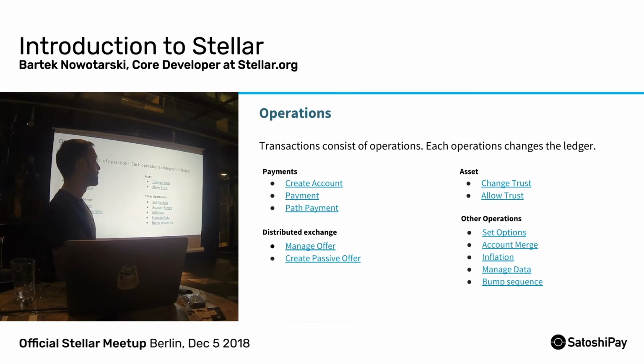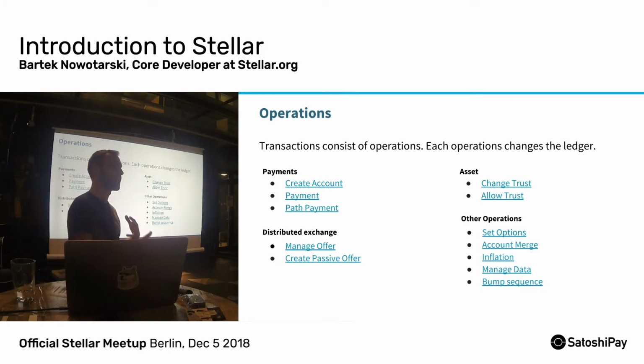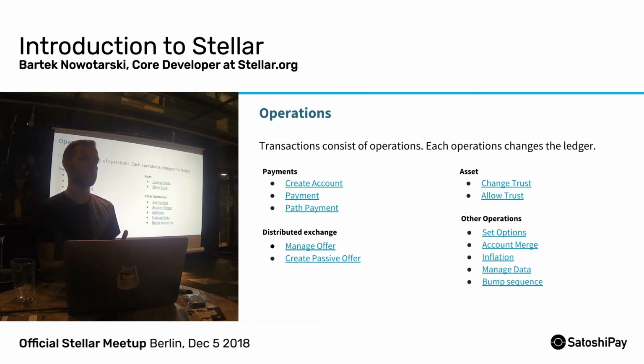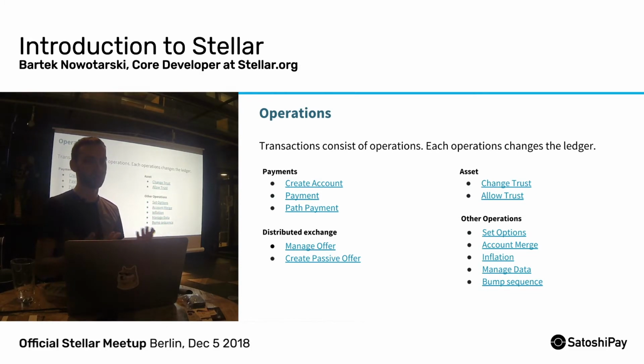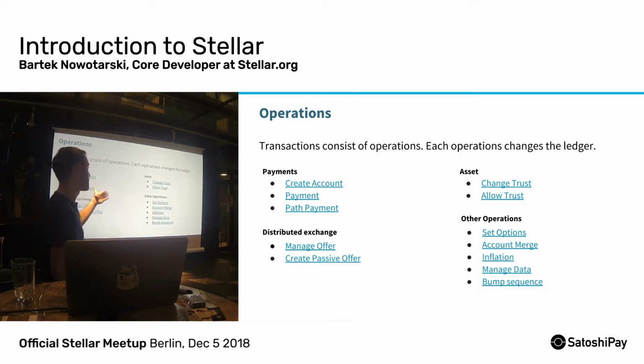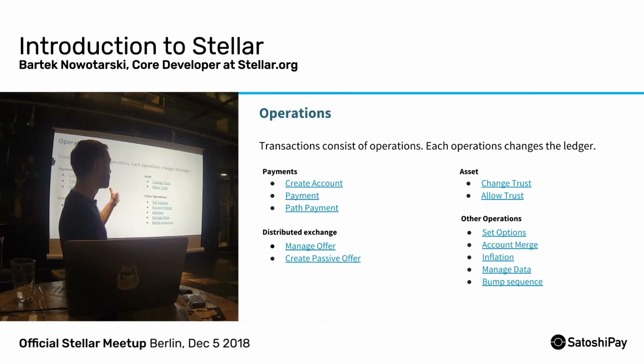Asset operations are connected with adding assets to your account, but also accepting other accounts to hold your assets. It's not required, but you can configure your account to control which accounts can hold your assets, for example, for KYC reasons. And finally, we have other operations that, for example, set options on your account, like signers. You can delete your account by merging it with another account, add data, and others.